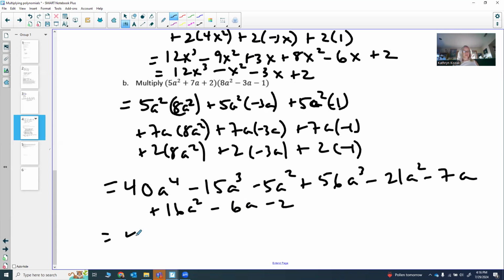Collecting like terms gives you 40a to the 4th plus 9a cubed minus 10a squared minus 13a minus 2.